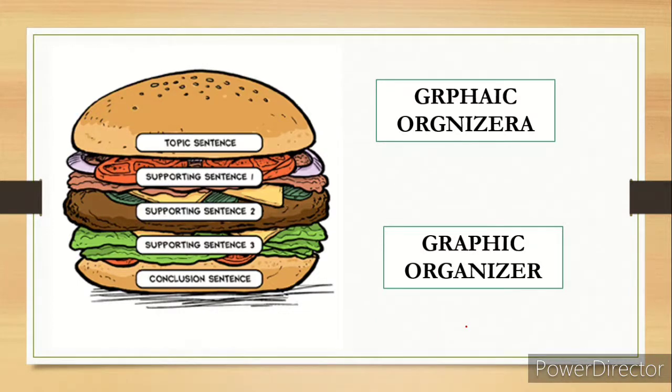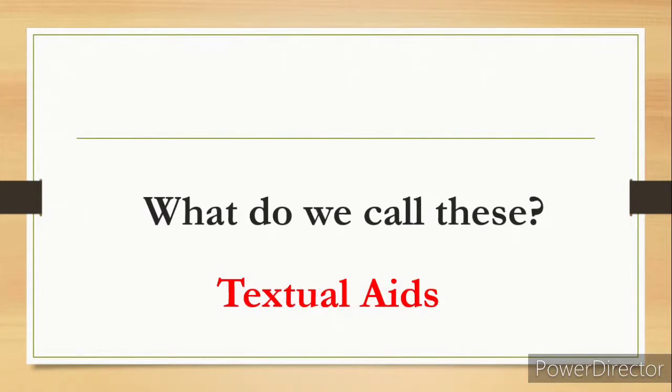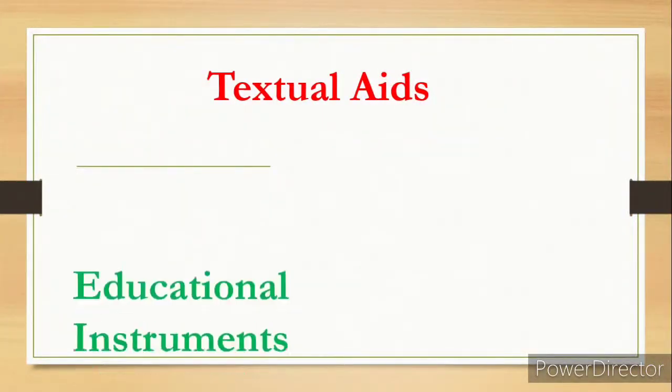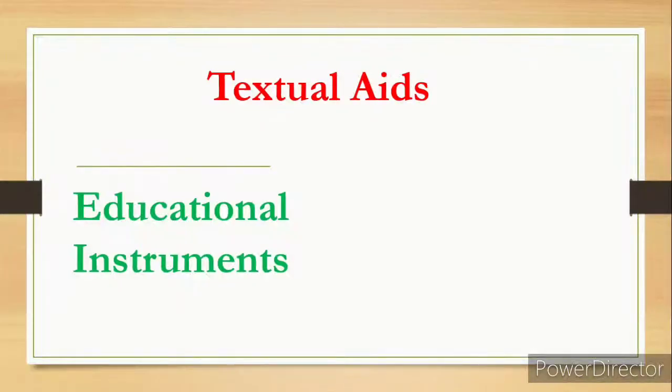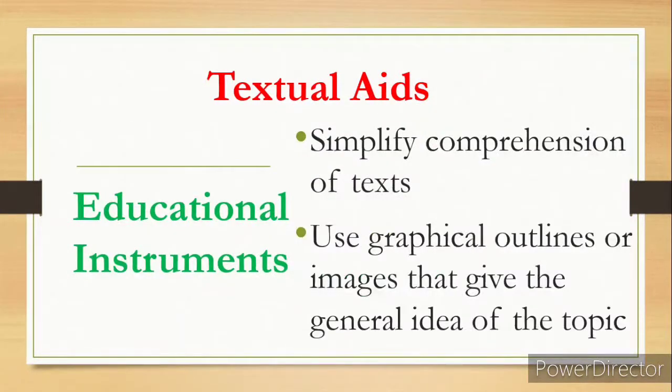Alright, very good. Now, the question is, how do we call them? Very good. They are called textual aids. Textual aids, also known as educational instruments, simplify comprehension of text by using graphical outlines or images that give the general idea of the topic.